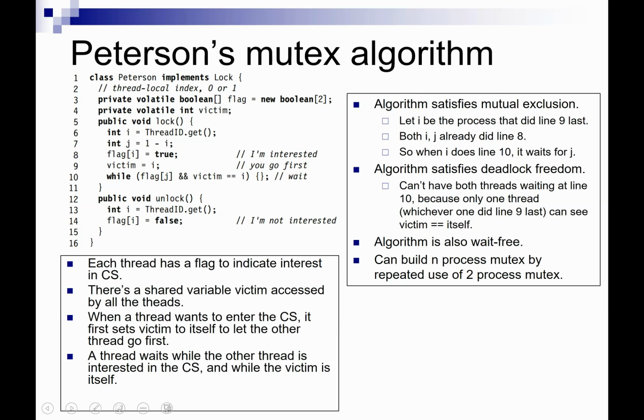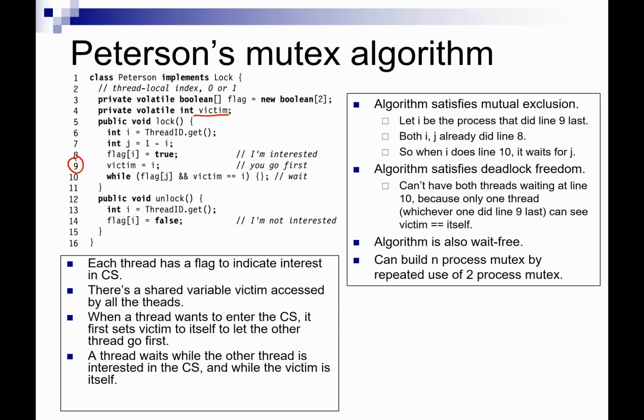So if I want to get into the critical section, I'm still going to raise my flag. But now we have this additional thing called victim. Victim is going to be one of the processes. If I want to get into the critical section, I'm going to call lock. So I raise my flag in line 8 over here, and then I set victim to be myself.